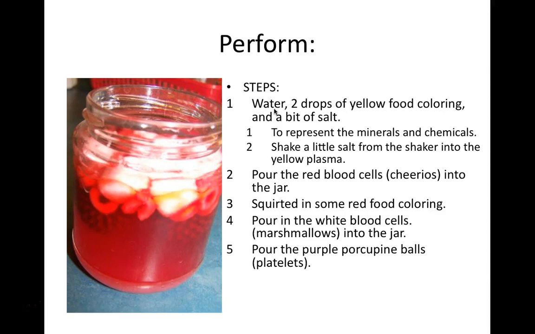So you're putting all of these things into one jar. The Cheerios, the food coloring, the marshmallows, and the porcupine balls are all representing, obviously, parts of the blood. So this is going to take a little bit. I will come around and watch what you're doing, and we'll review the steps again.